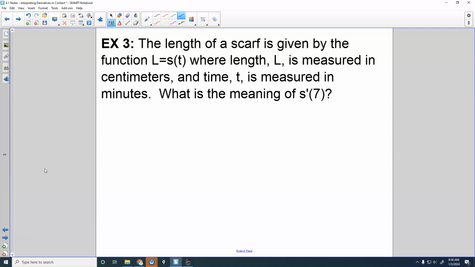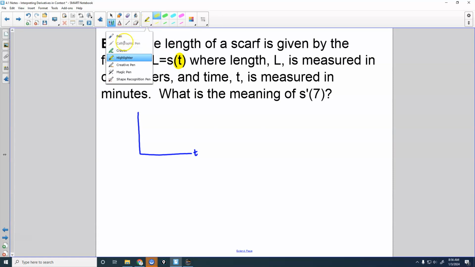So if we think about what we're looking at here, T would be our independent variable right here because it is what the function is written in terms of. So T is independent. What is T measured in? Minutes.